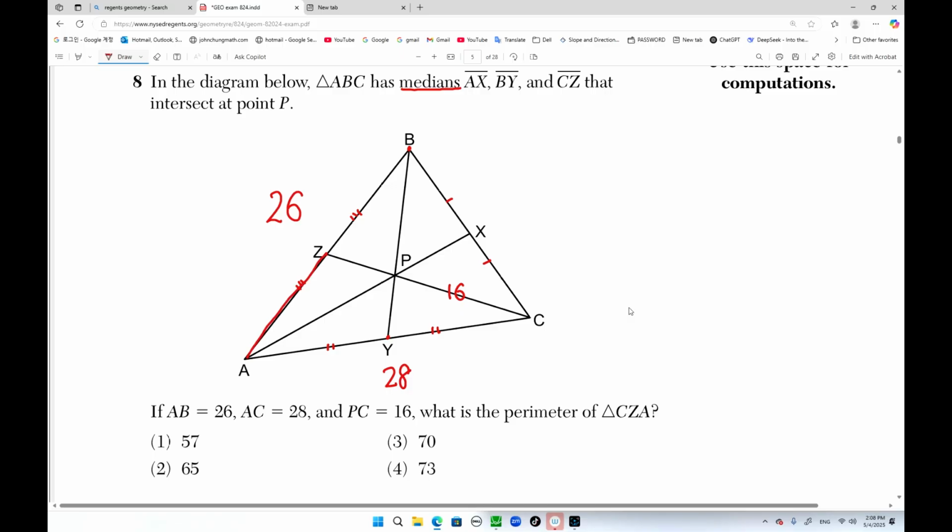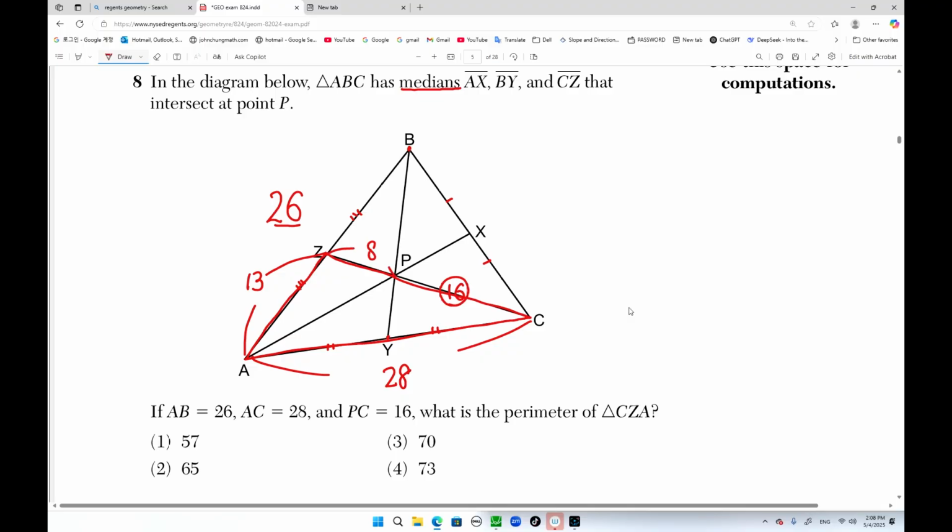Here, here, and here. This side is already 28. But this side, the median, is half of this number. This side is also half of that, which is 13. This is 13, this is 16, and the other side, how much? There is always a 2 to 1 ratio, right?